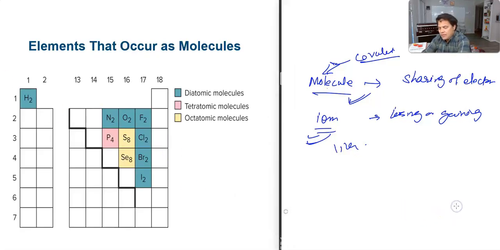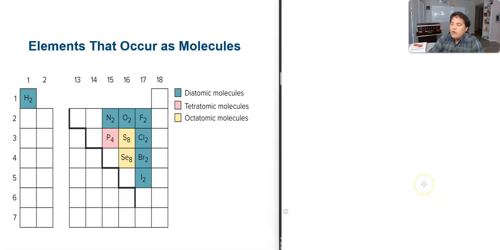Now let's see some elements that can form molecules. I am saying elements, not compounds. Hydrogen is an element, right? But it is a molecule also. This molecule is not ionic; it is covalent. This hydrogen and hydrogen are formed by a covalent bond, because they are non-metals, right?